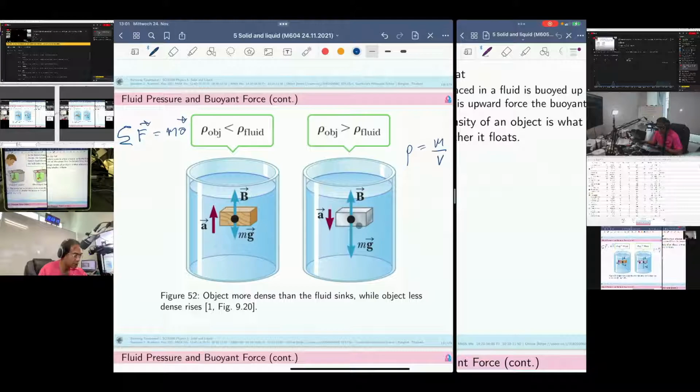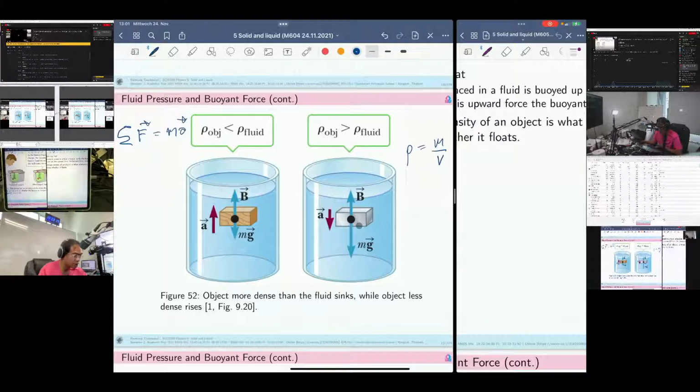Now, you have already seen the situations that could happen in nature. It depends on the density of both the material and the fluid, the liquid, right? Now we are going to observe the qualitative detail of the buoyant force B here.